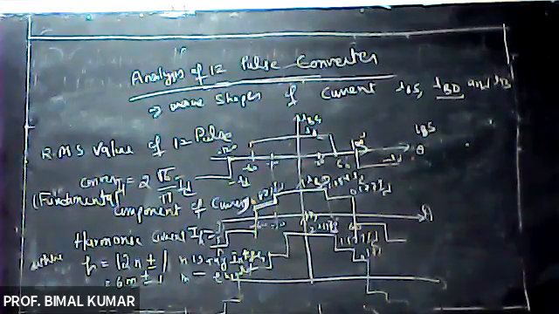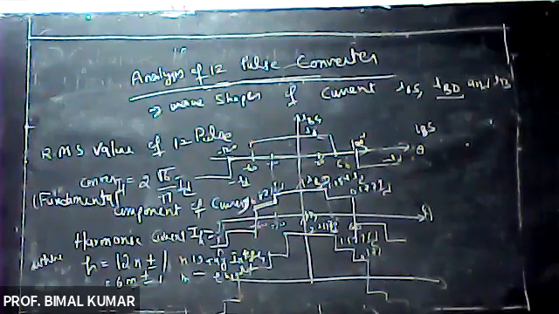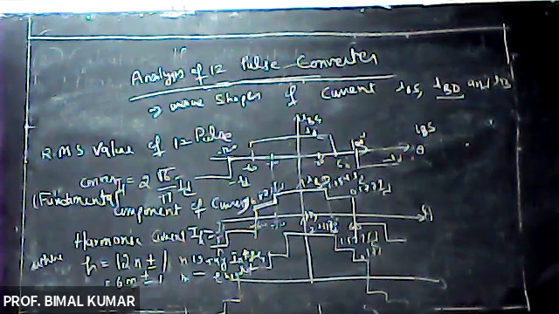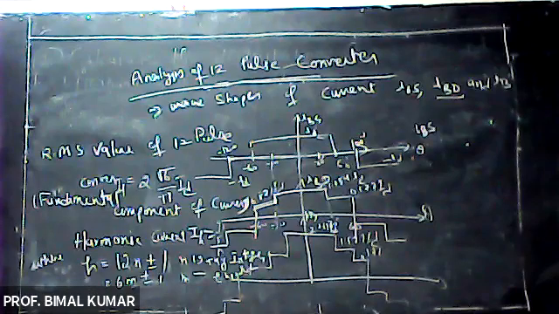So for this analysis of the 12 pulse converter, it is assumed that both transformer 1 and transformer 2 have a turns ratio of 1:1.